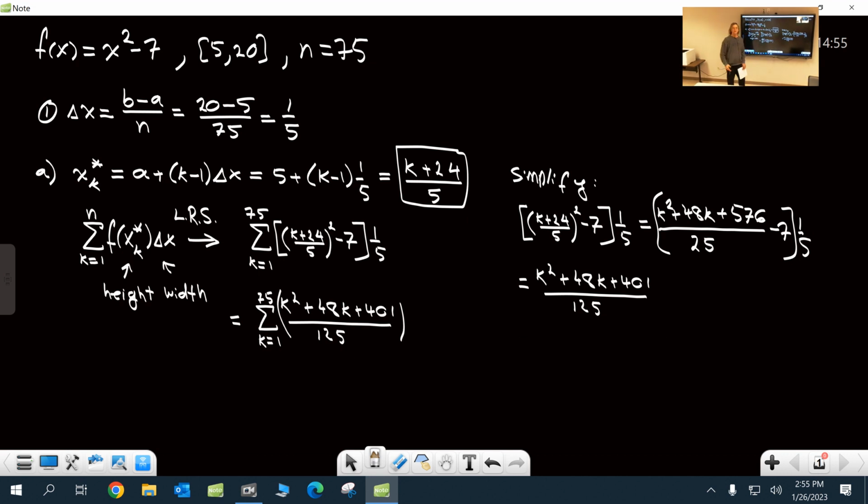So now I'm going to do exactly what we have done before. I'm going to use the rules for summations to pick this apart, and I'm going to turn this into 3 sums altogether. The factor of 1 over 125 I'm going to take out of my sum.